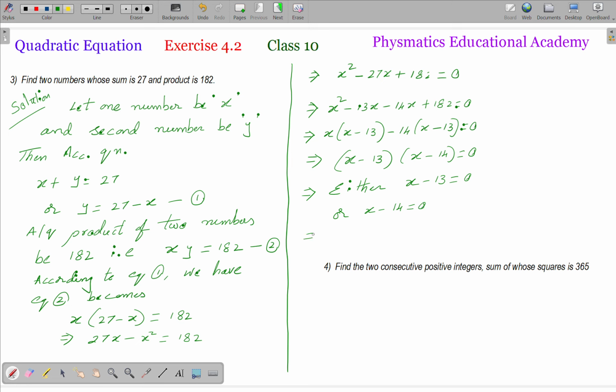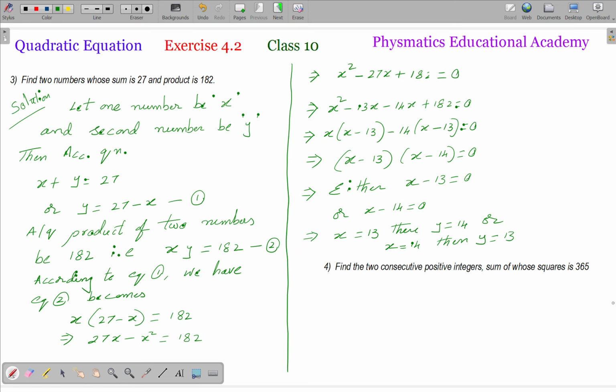That implies x is equal to 13, then y is equal to 14, or x is equal to 14, then y is equal to 13. This is the required answer for this question.